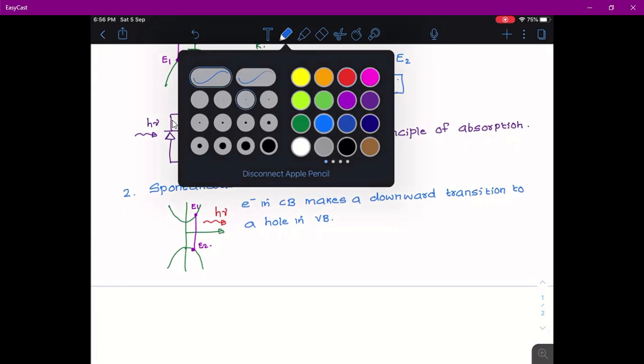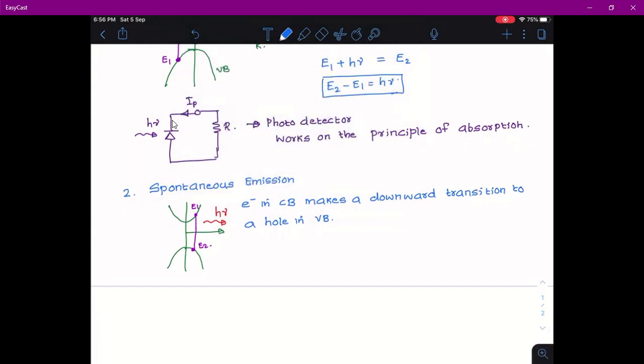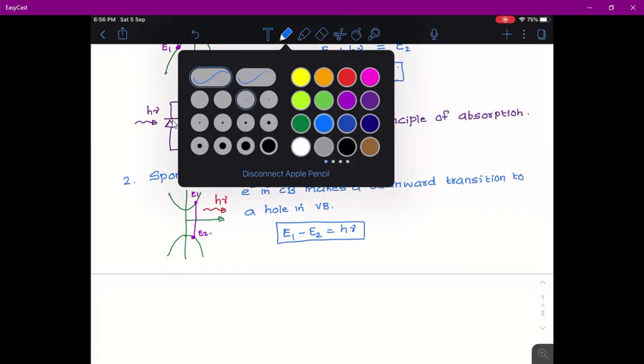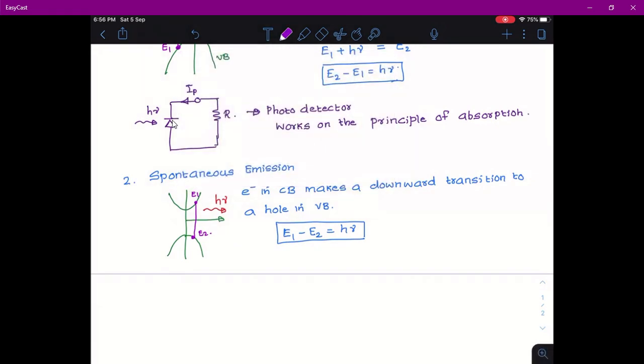And the conservation of energy is satisfied when the difference between the energy levels is equal to the energy of the photon produced. This is called spontaneous emission. And spontaneous emission is particularly made use of in LEDs, where you have a forward biased LED.